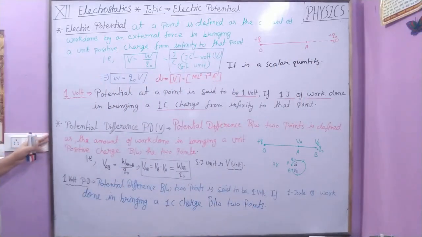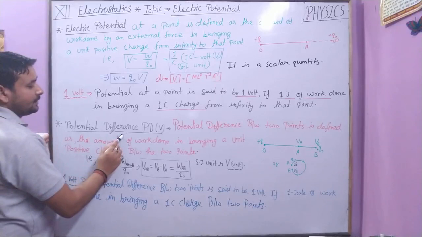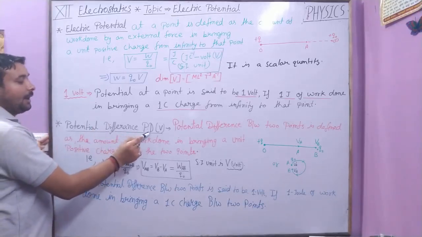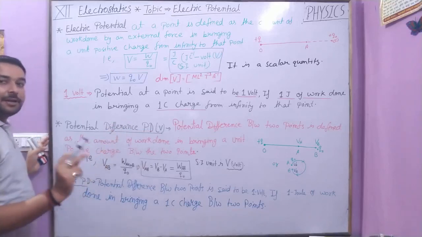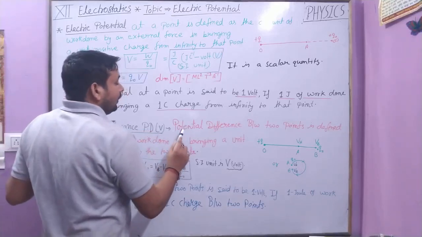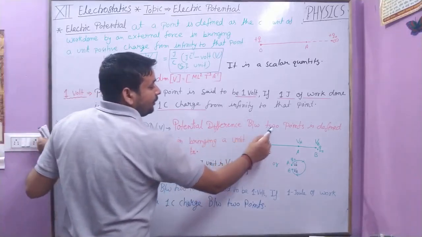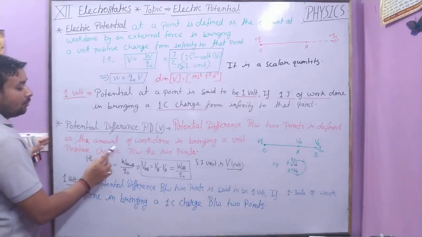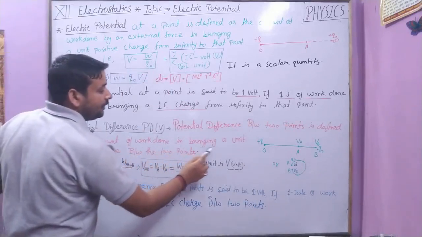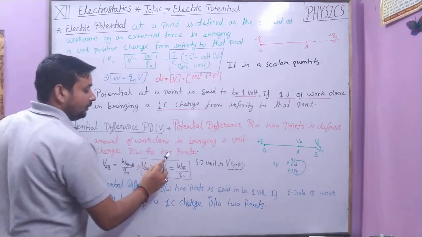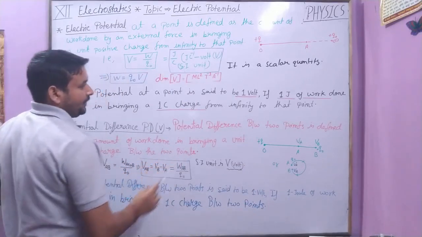Next is potential difference. It is usually denoted by PD, and it is also represented by the capital letter V. The potential difference between 2 points is defined as the amount of work done in bringing a unit positive charge between the 2 points.